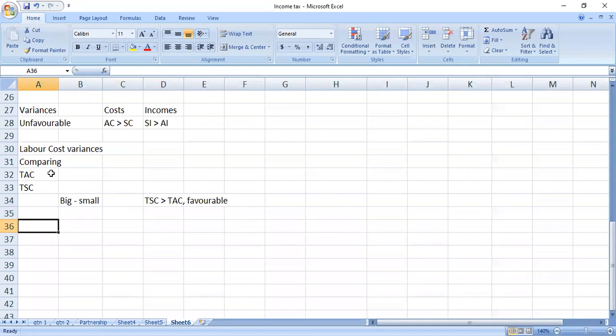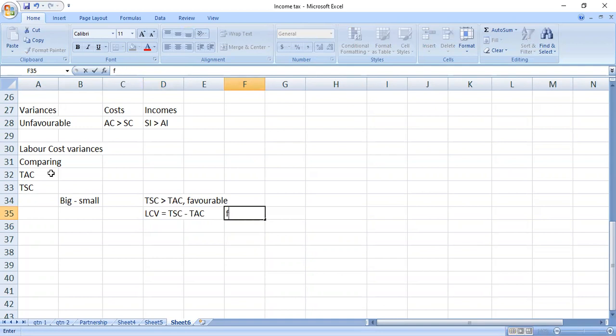So in case this is the outcome after comparing, our labor cost variance is going to be equal to our total standard cost, because it's big, minus total actual cost, because it's small. And then of course it will be favorable automatically.